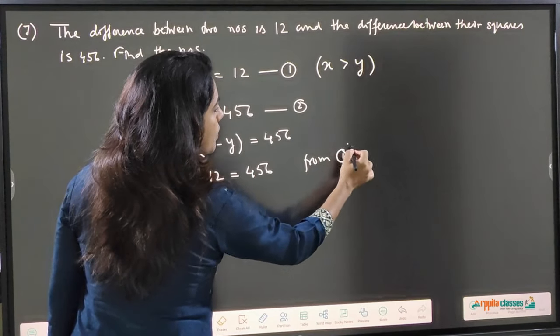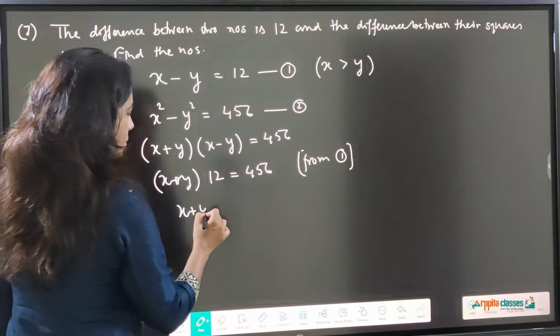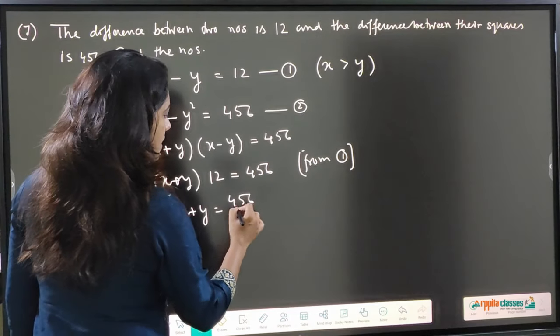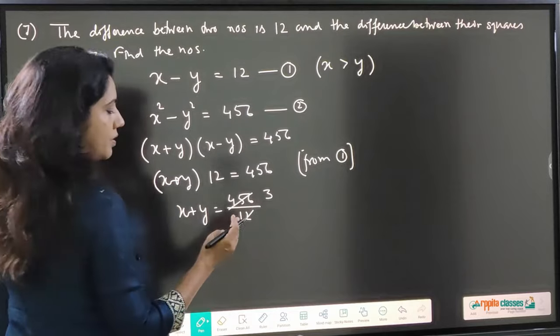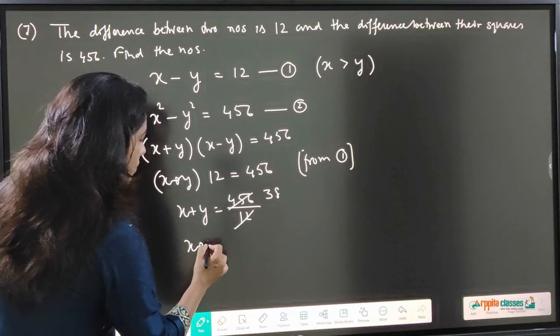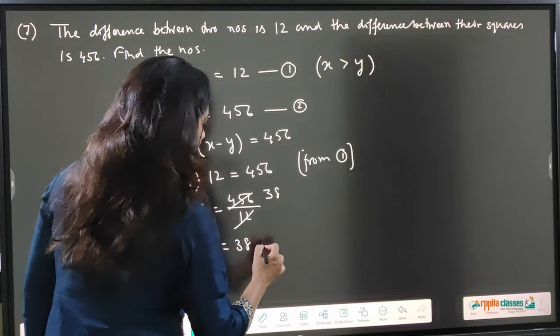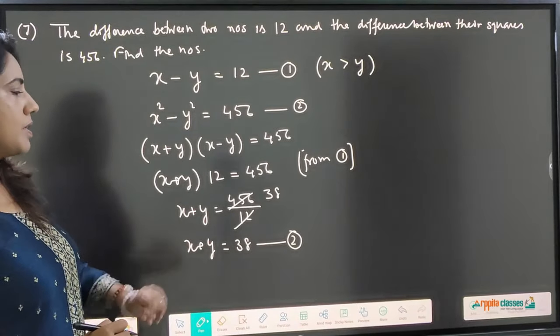I got it from equation 1. Now I'll get 12 on the other side. So x plus y is 456 upon 12. This will get cancelled. So this is x plus y is equal to 38. This is my second equation. X minus y is 12 and x plus y is 38.